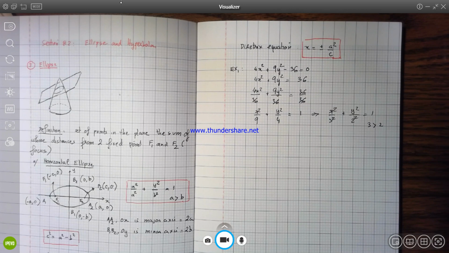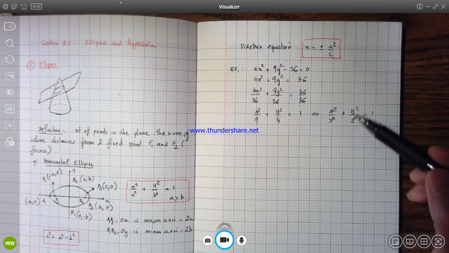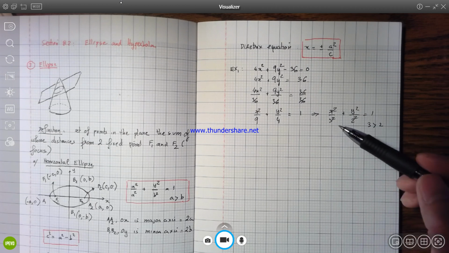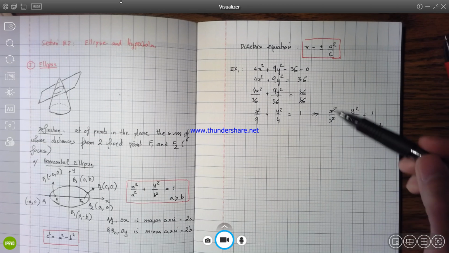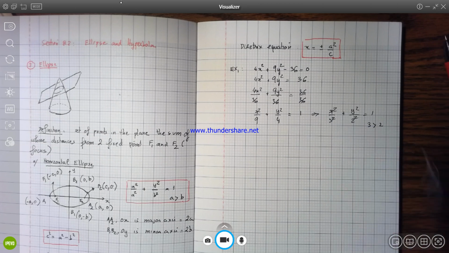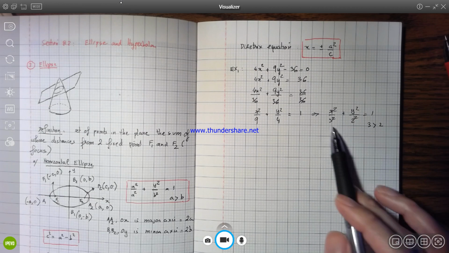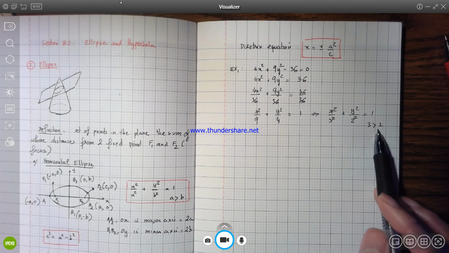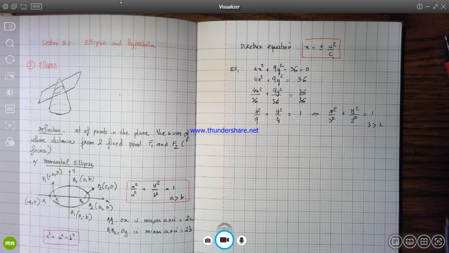When we're talking about a vertical ellipse, then whatever is under the y squared is greater than under the x squared. But if we have a horizontal ellipse, the number under the x squared is always greater than the number under the y squared. So in this case your a is 3 and your b is 2.